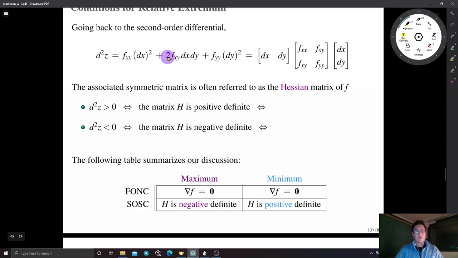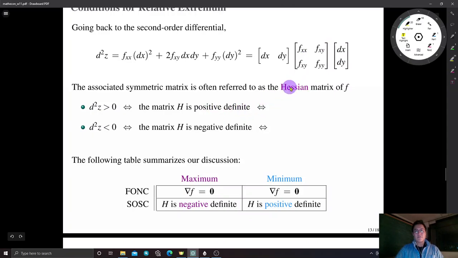Okay? And we have two f sub xy, so we have f sub xy as an off-diagonal entry. Right? So we want to know when this is always positive, no matter what dx and dy. Okay? So when d squared is positive, the matrix inside is positive definite.